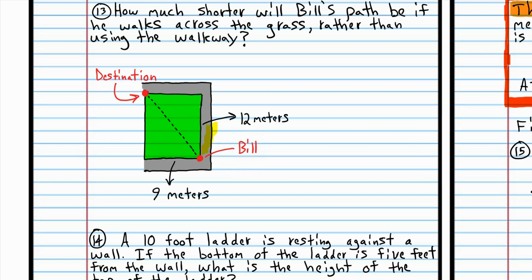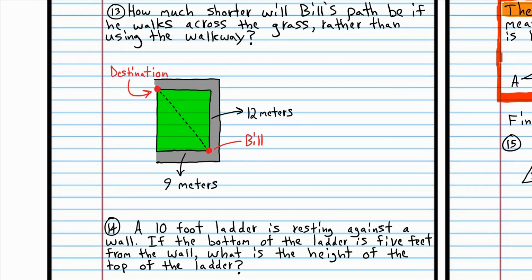And he's supposed to walk on the sidewalk, but he's thinking about just cutting across the grass. He's going to cut across this way here, along this dotted line. And we want to know how much distance he is going to save, because it's going to be longer for him to walk around the sidewalk. It's going to be a longer distance than if he just cuts across. So we want to know how much shorter his path is if he walks straight across.